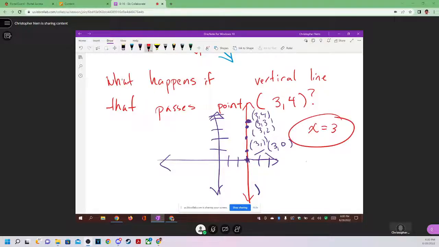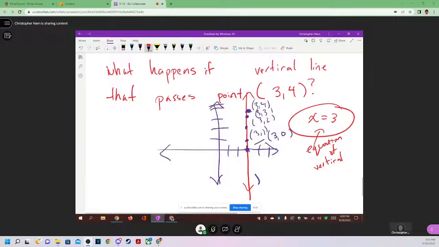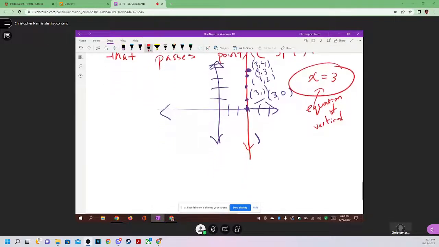That is the equation. For a vertical line, it's whatever the x value of your point is. If your point was 4, 6, you look at your x value and you just write x equals 4. It's that simple. They all share the same x value, so why not just write x equals this value? So that's what happens if you have a vertical line that passes through the point.